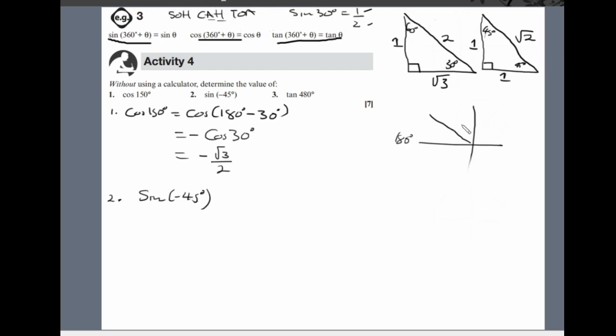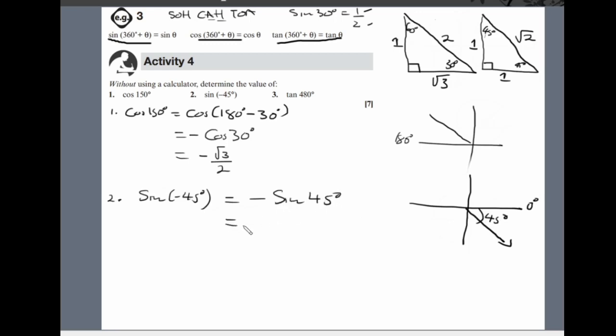So from the first quadrant, if you start at 0 and move 45 degrees clockwise, you land in the fourth quadrant, and we know that in the fourth quadrant sine is negative, so this will be negative sine 45.